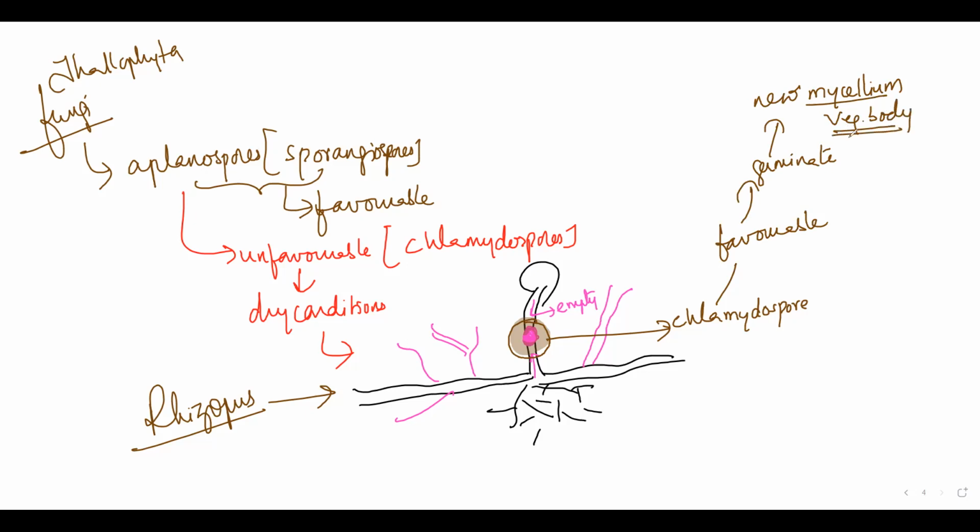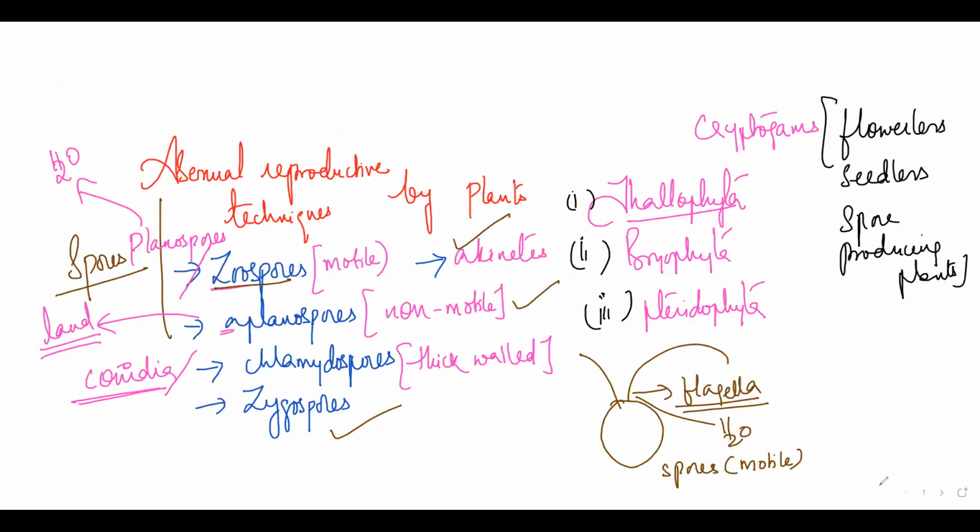So again, in algae they produce new filaments, and here they produce new mycelium, new Rhizopus. That is about the asexual reproduction process in these plants that you will come across during your syllabi.